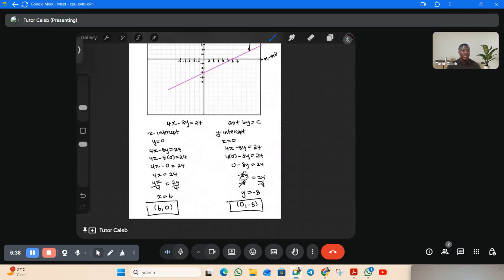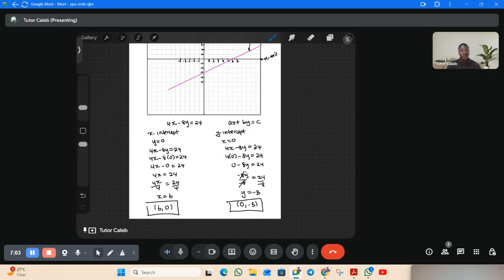On the x-intercept, you plug in the value of y to be 0, and you solve for the value of x. In this case, we solved and we had 6. So our point was 6 for the x coordinate and 0 that we already had for the y coordinate. And you do the same thing for the y-intercept. You have for the y-intercept x equals 0.